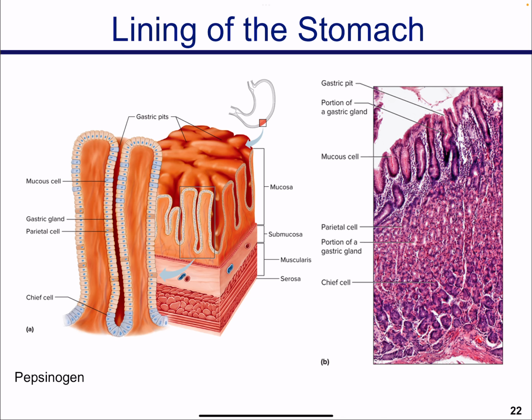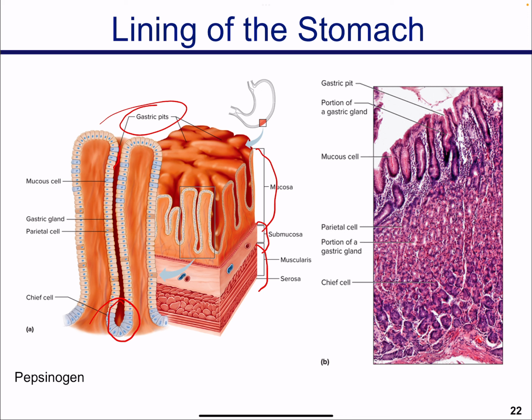All right. So, the lining of the stomach, remember the muscularis, 3 layers, okay? We're going to have the submucosa, and we're going to have the mucosa. Now, we're going to notice that we have what we call the gastric pit. That gastric pit is going to have, at the very bottom of the gastric pit, the chief cells, okay?